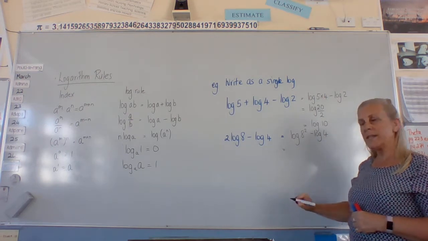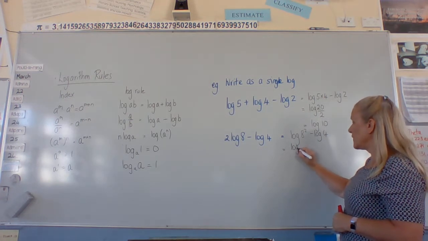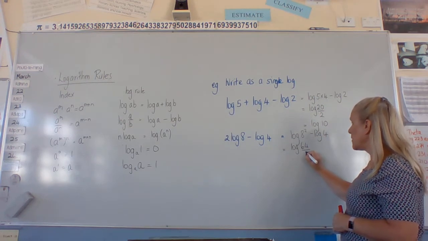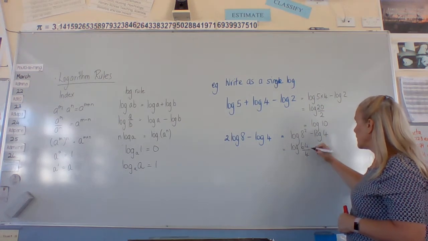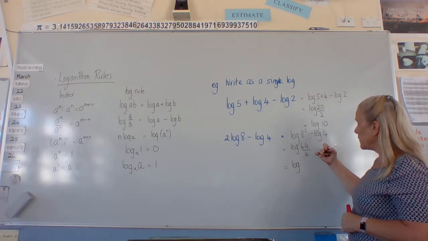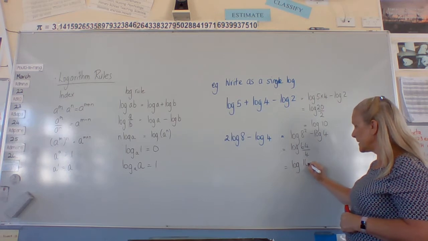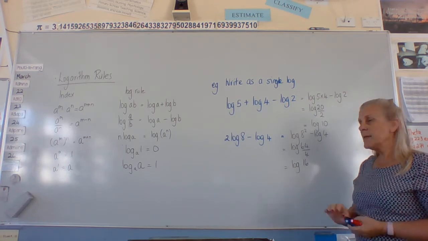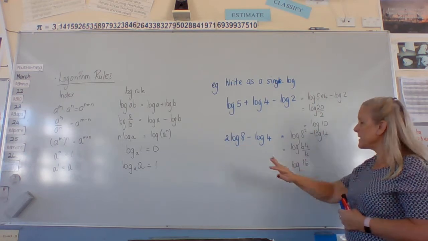Log of 8 squared is log of 64, minus means divided by 4 equals log still. 64 divided by 4 is 16. Alright? So you've got to tidy it up using these rules.